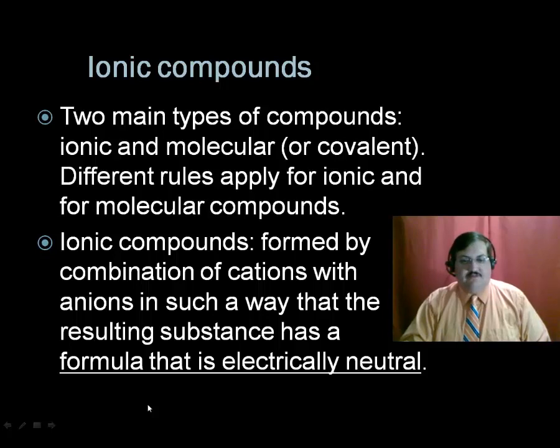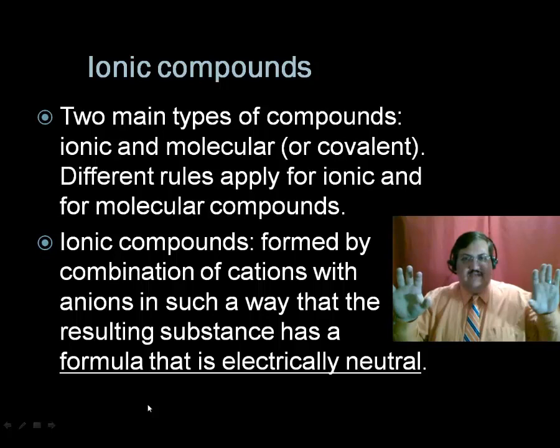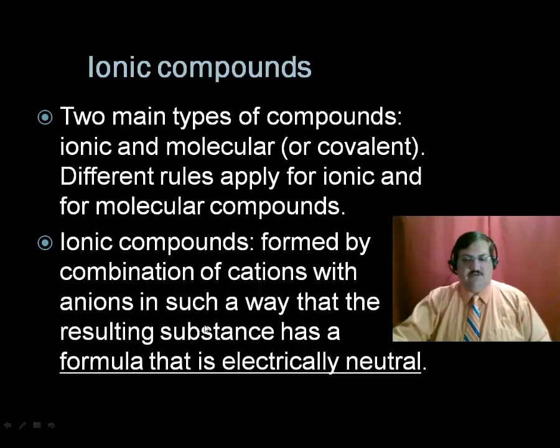Ionic compounds are formed when we combine a cation, which is positively charged, with an anion, which would be negatively charged, again like two magnets being pulled together. In most compounds, these are going to be electrically neutral overall, so I would have to have the same amount of positive charge on one side to cancel out the negative charge on the other side.